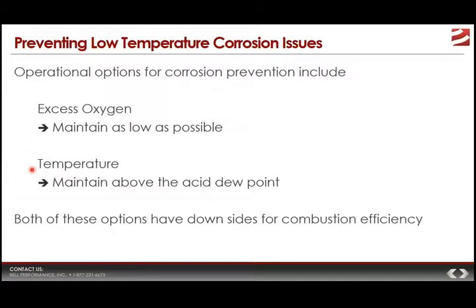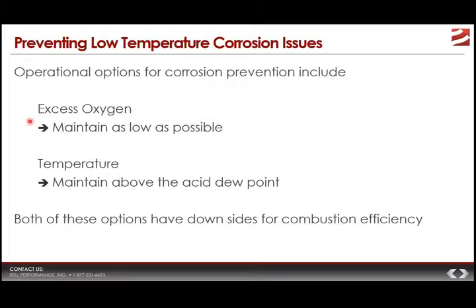If they find that they're having a cold temperature corrosion problem, then what they will do is increase the amount of oxygen, the volume of air that's supplied to the combustion chamber. And so then you have a greater volume of air leaving, which means it's essentially going to cool down slower, and you're going to have a much greater chance of staying above that acid dew point temperature.